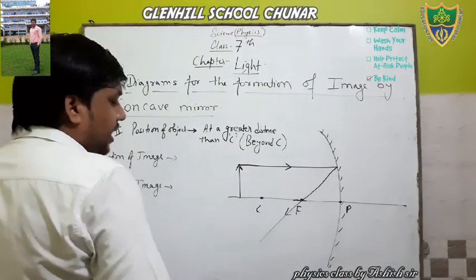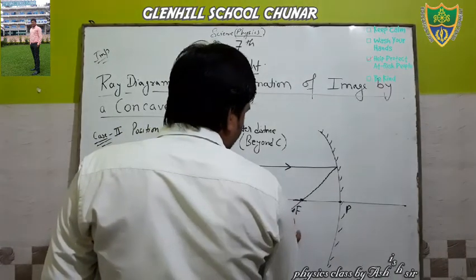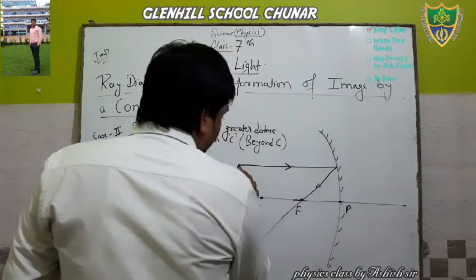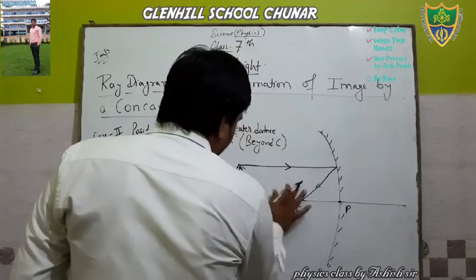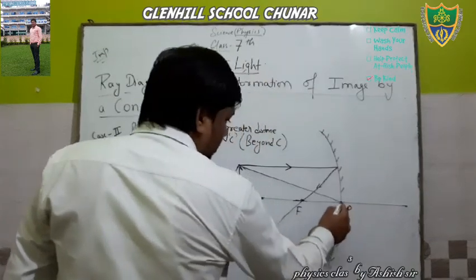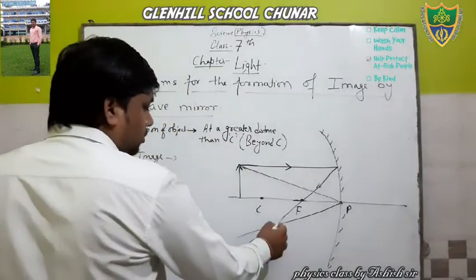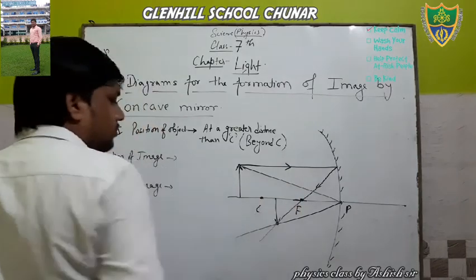And the second ray is going at the pole of the mirror, and after striking the pole of the mirror, it goes like this and strikes here. So the image is formed here.